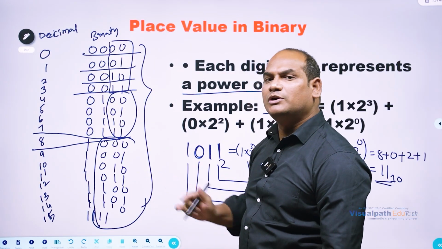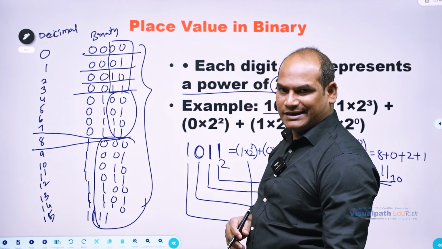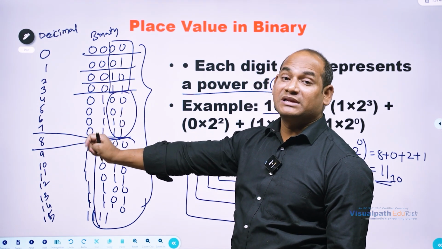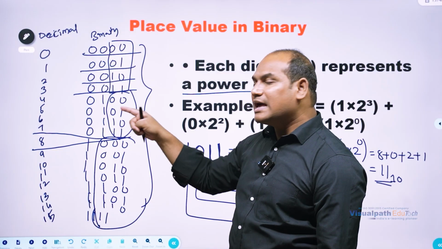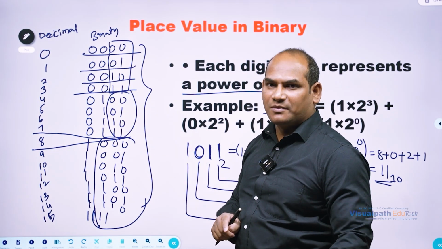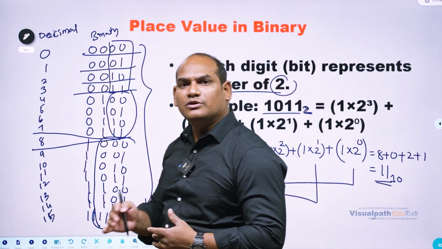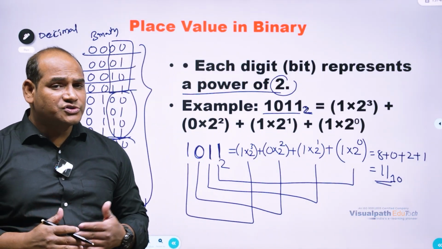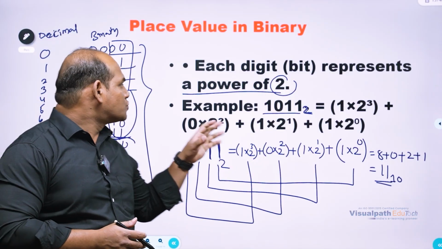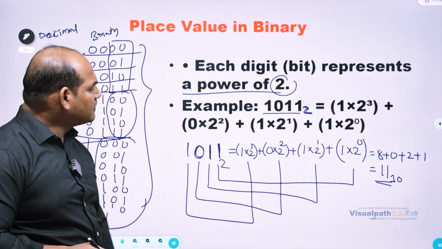Immediately you should be able to use these numbers directly. If 0111, you immediately tell the decimal number is 7. Or if asked for the binary number of 8, that is 1000. Immediately you should be able to tell, or get the value for your remaining calculations. So try to remember all these values. With practice you will get them easily.